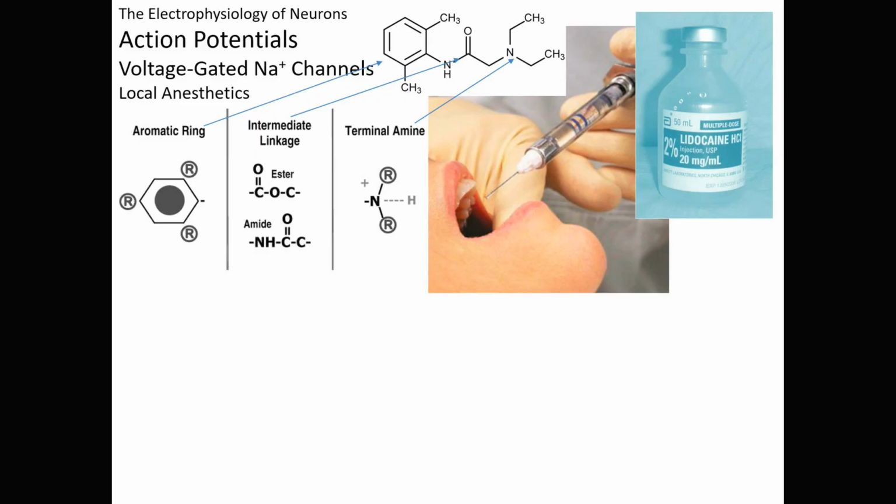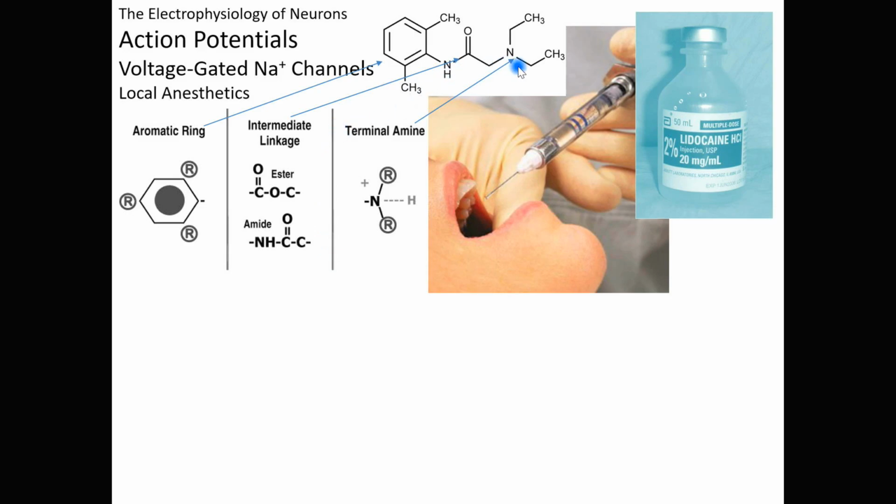So where I'll start here is by looking at the chemical structure of local anesthetics. All local anesthetics have the same chemical structure in that they have three major parts to them. They all have an aromatic ring. You see that here in the structure of lidocaine, an aromatic ring. They all have a terminal amine group.